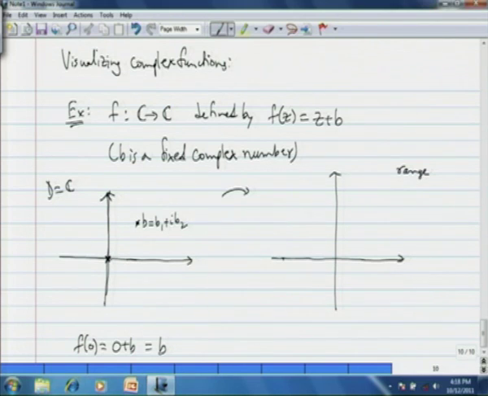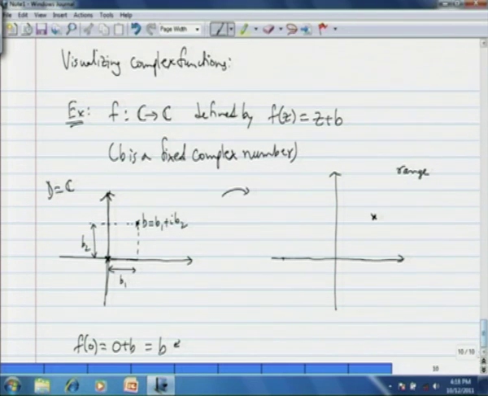We know that this distance right here is b 1, and the vertical distance of b from the x axis, or the real axis, is b 2. So, the image of the origin is going to be that exact point b that we calculated. This cross mark here in the domain goes to this cross mark here in the range.